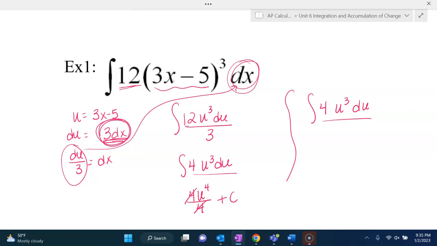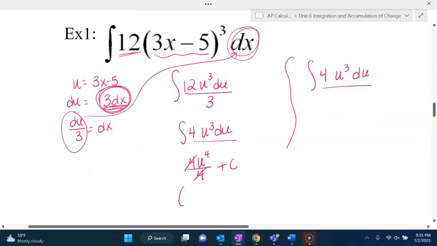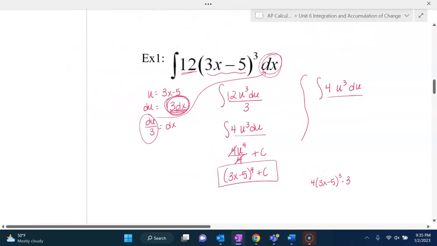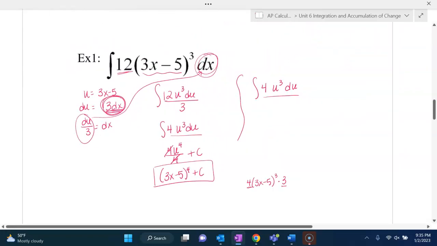You can see those 4's cancel, and put your u back in. And once again, you can do a quick check. Swing that 4, subtract 1, multiply by the derivative of what's inside, and that's what we started with. There's that 12. Okay? So that's just my quick check.